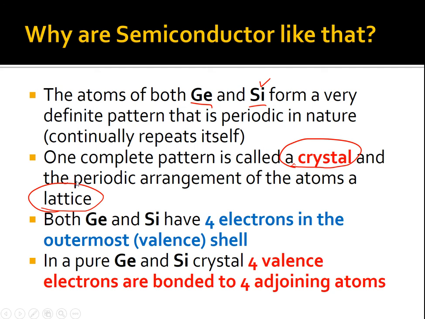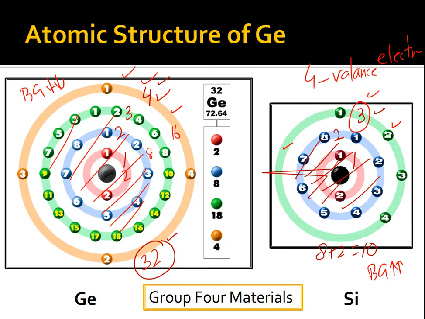So far we have learned about the importance of the valence electrons, the core charges, and the band gap energy, that is, how much external energy we require to release valence electrons to the conduction band to start the flow of charges.